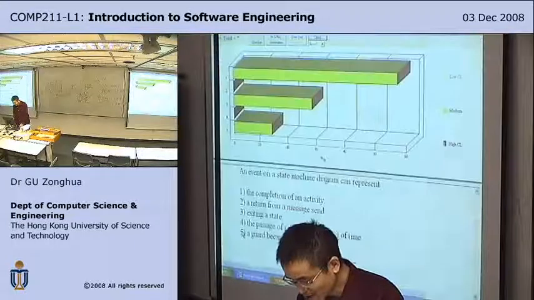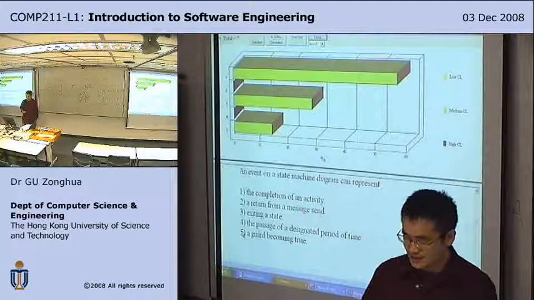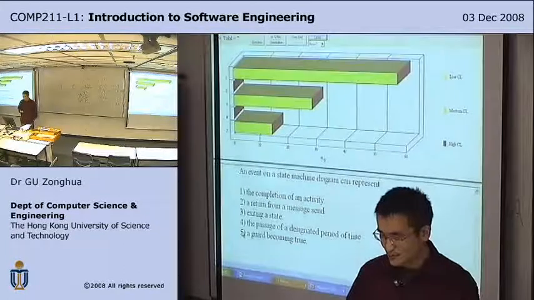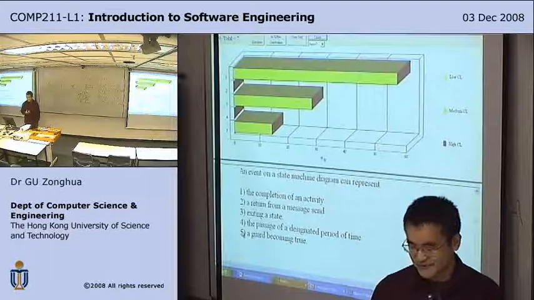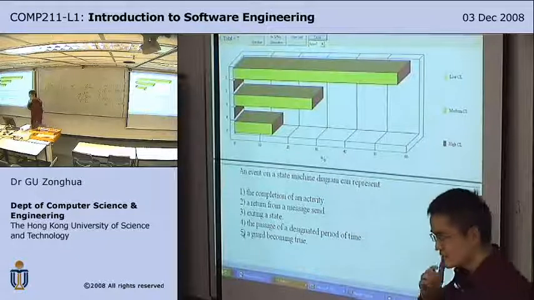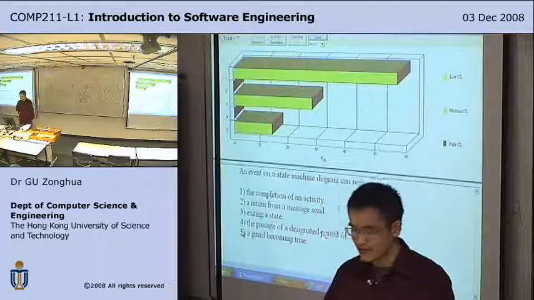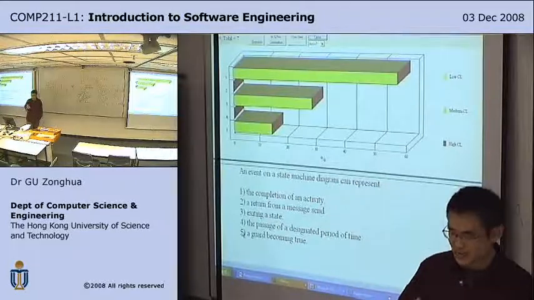So here, completion of an activity, that is not an event. You may be confusing it with automatic transition, right? There are 2 types of state transitions.